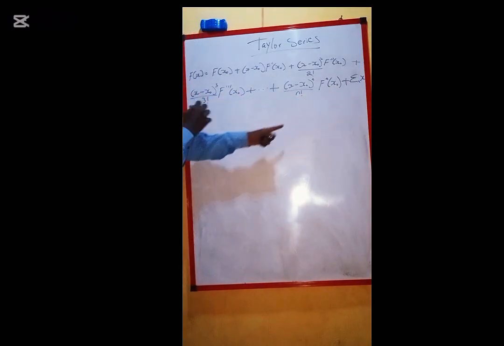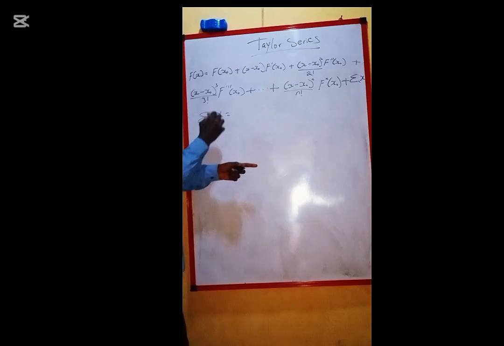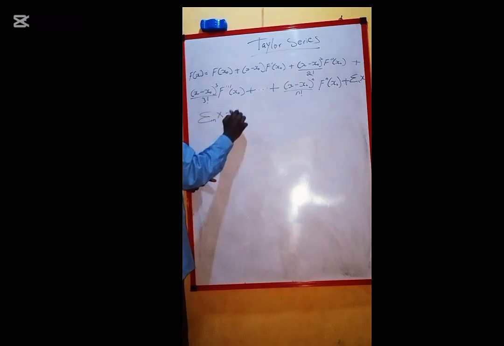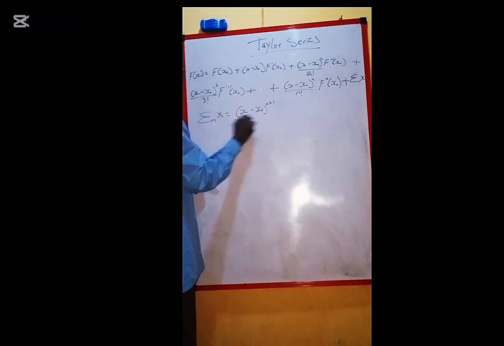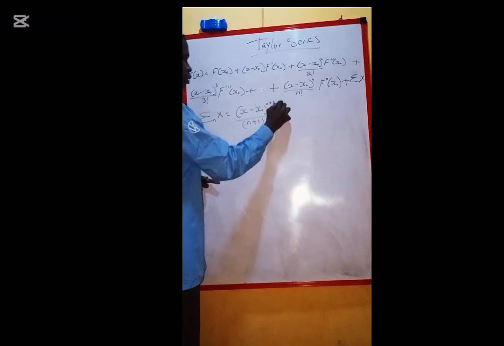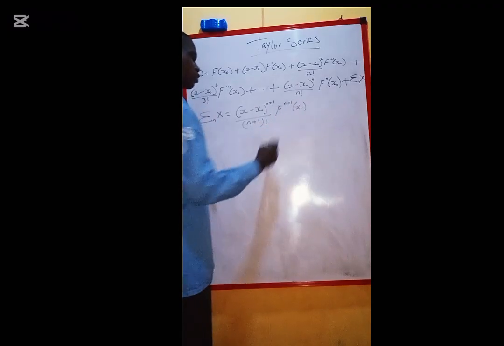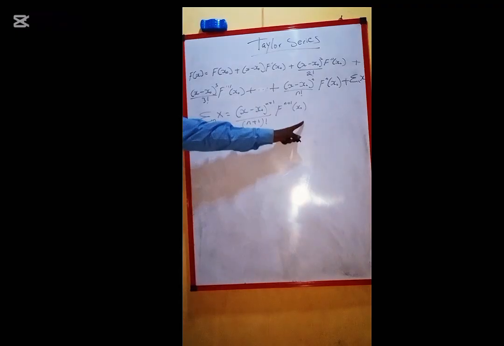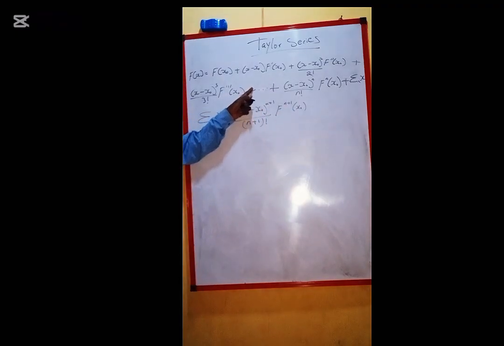Where it is the summation, with the remainder term being x minus x naught to the power n plus 1 over (n plus 1) factorial.